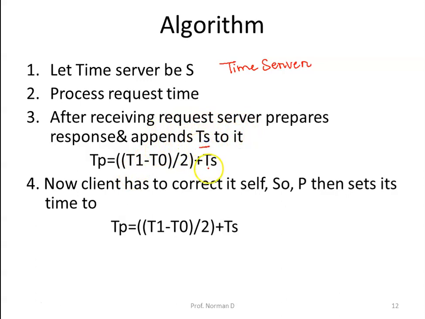Ts is nothing but the time duration it took to process the request made by the client. And the new time of the client would be this value, that is (T1 - T0) / 2 + Ts. That would be the new time of the client.